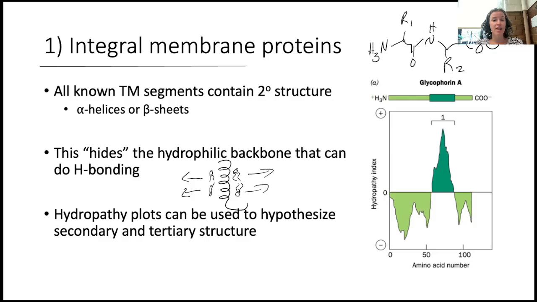And so this gives us a second way to use these hydropathy plots that were first introduced way back when we were learning protein structure. In this case, we're going to use any segment of the hydropathy plot that is in the hydrophobic region and assume that this region crosses the membrane, right? So remember that anything above 0 is nonpolar or hydrophobic, and anything below 0 is hydrophilic.